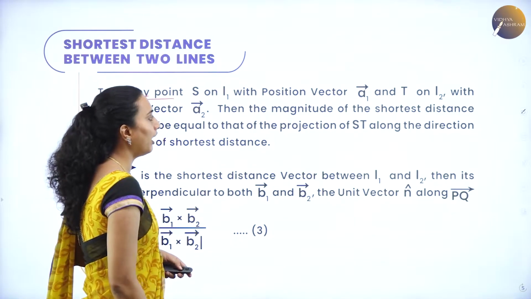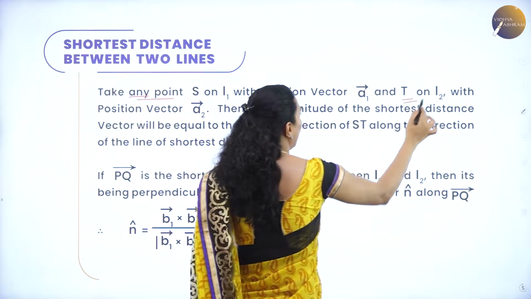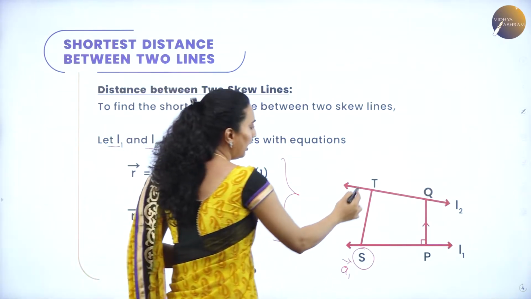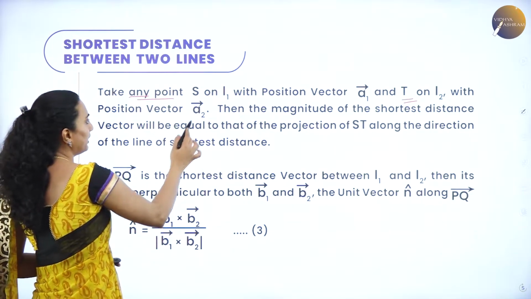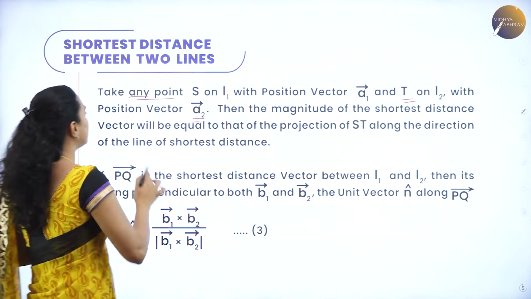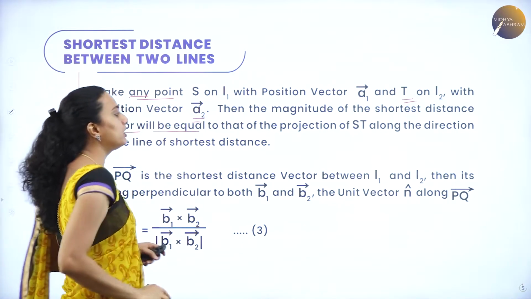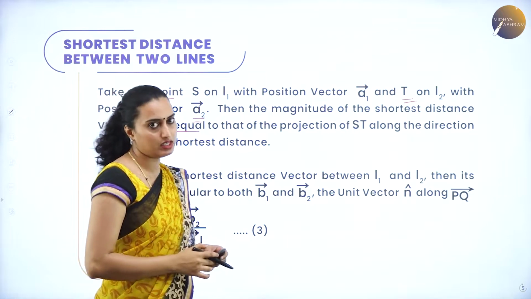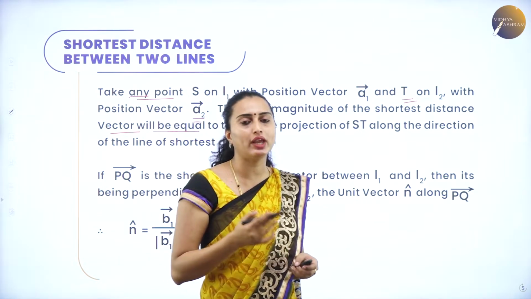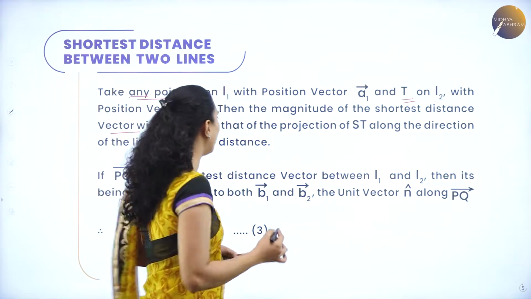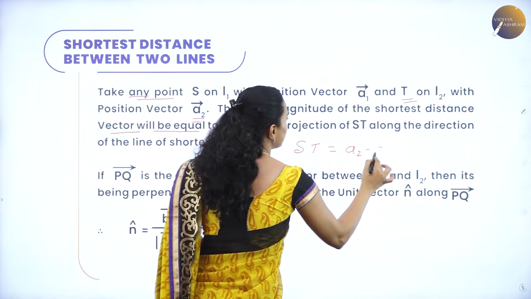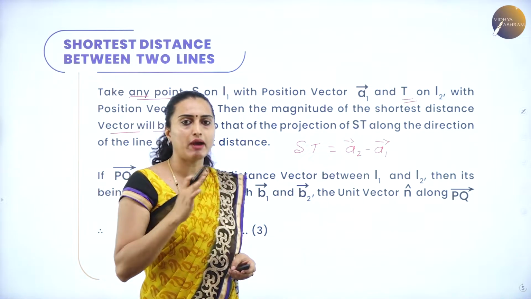Similarly, take T on line L2 with position vector a2. Then the magnitude of the shortest distance vector will be equal to the projection of ST. Here ST will be equal to a2 minus a1. ST means OT minus OS.